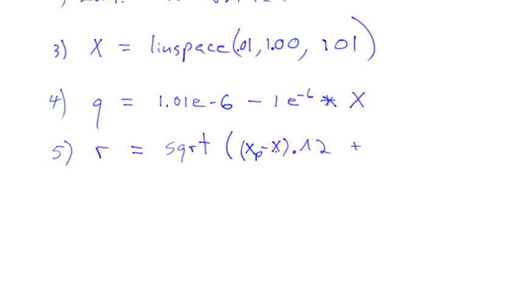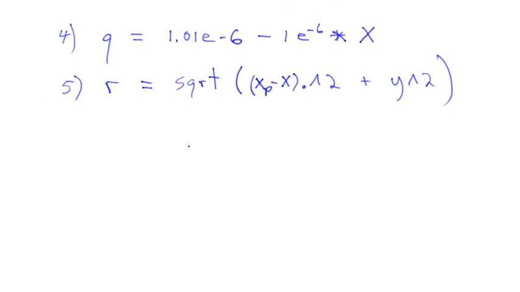So for the first element, for instance, I want to square it for that one value, and then I want to add y squared. I'll go ahead and put that down as y to the power of 2 as well. I don't need the dot because it's just a single value. The dot doesn't hurt if it's just a single value, but I feel like leaving it off. Alright, so now I've got 100 values of r.